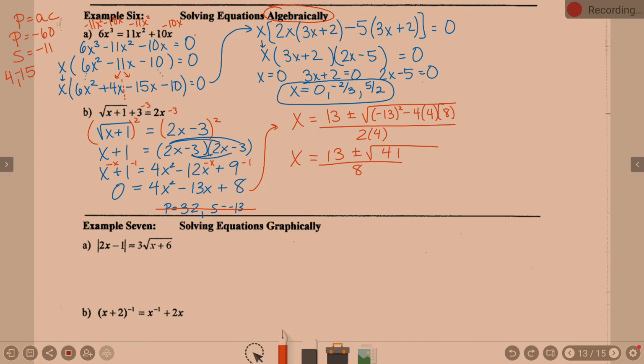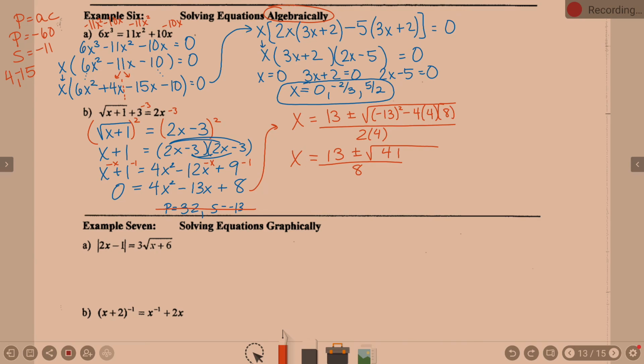Now, do realize, and this is speaking from the test that I graded over the weekend, this 8 goes under everybody, yes? It's not just part of it. It goes under everybody. What do you know about the square root of 41? It's a prime number. It's 1 times 41.